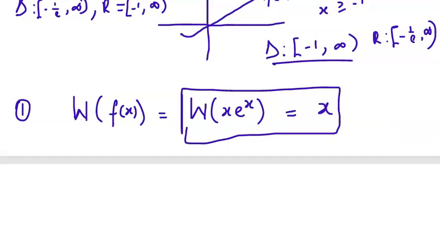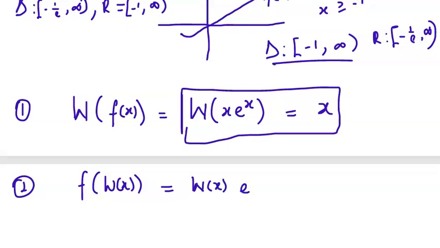Now we have the second property here. And what's that? Let's say we have to take f of the Lambert function. Let's see what this is going to result in. Remember, f of x is x times e to the power of x. Therefore, this will be W of x multiplied by e raised to the power of W of x. So this here is also equal to x.